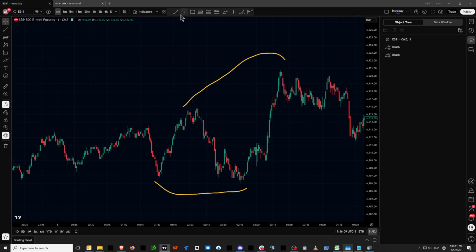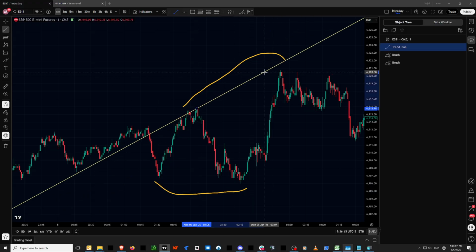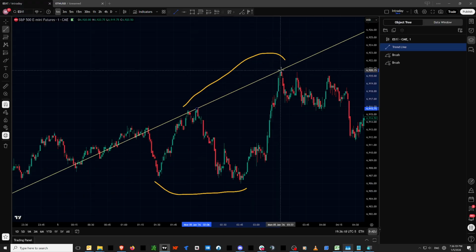So here we are. Let's start with this trend line. I have a trend line right here to here. You can see that this trend line carries weight to it right here. Now, I'm on the 1 minute. Doesn't matter. Trading is fractal.